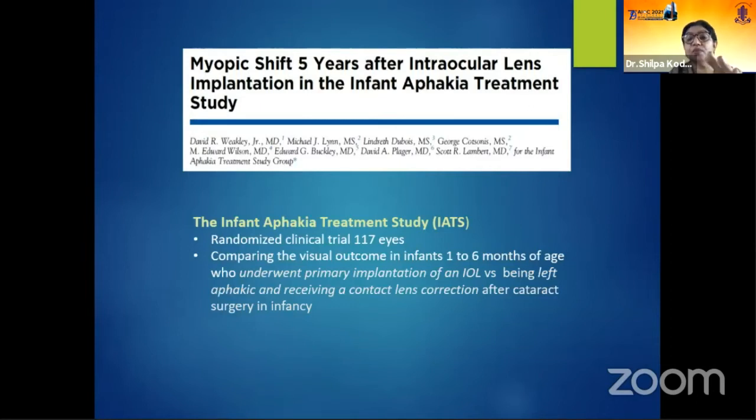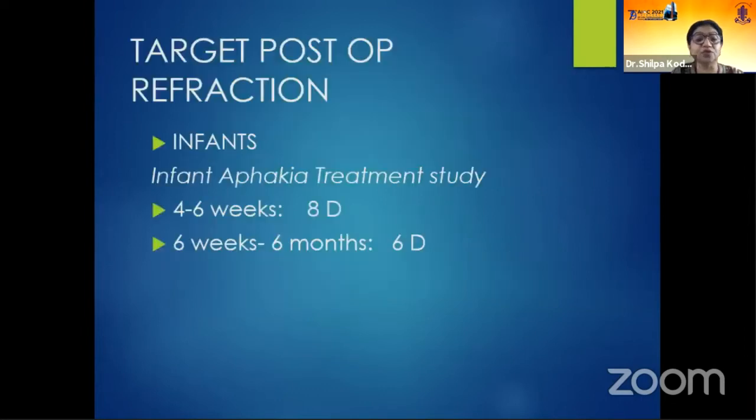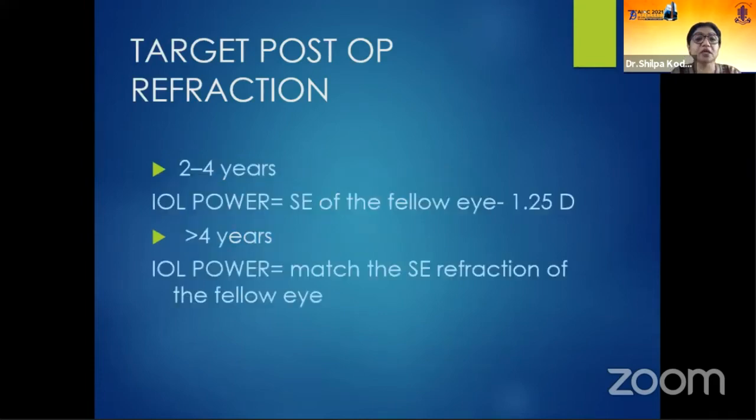And the other group was a primary IOL implantation with the target post-op refraction as per the formula that I told you about. Now, up to 4 to 6 weeks, the target refraction was +8 diopters, and 6 weeks to 6 months, it was considered as +6 diopters.